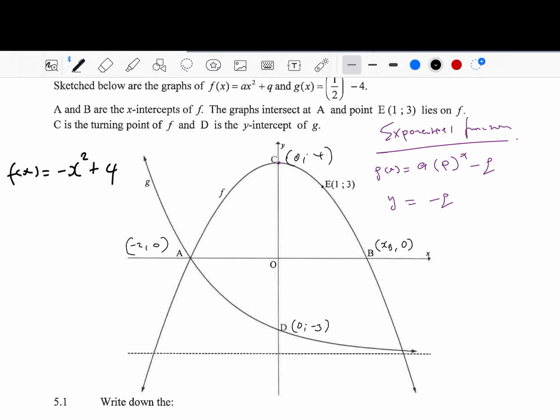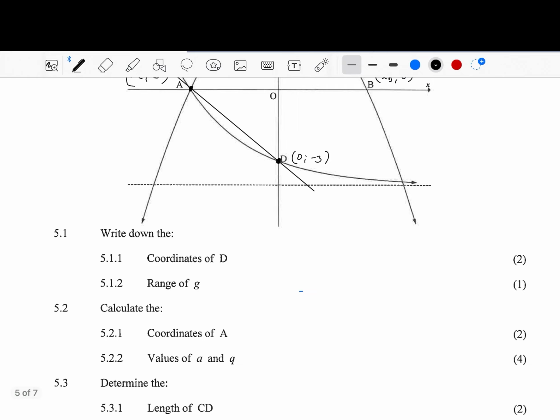Let me just write it black. Okay, let's make it a straight line. There we go, that's better. So you have A and you have D. So let's say that's the straight line.